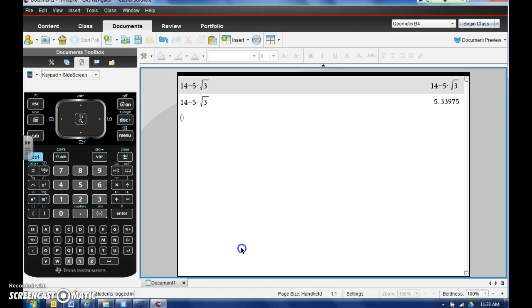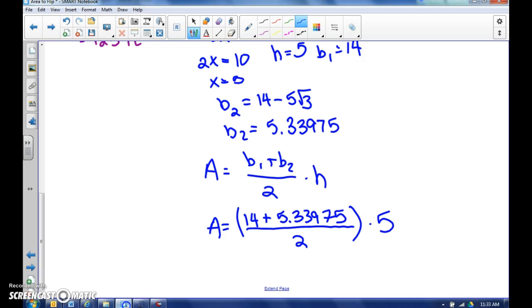I'm going to do 14 plus that number. I'm going to pull it directly out of my calculator, divided by 2. Then I'm going to multiply it by 5. And I get 48.3494. So if we go back into our document, my area is equal to 48.3494. And my units are centimeters squared.